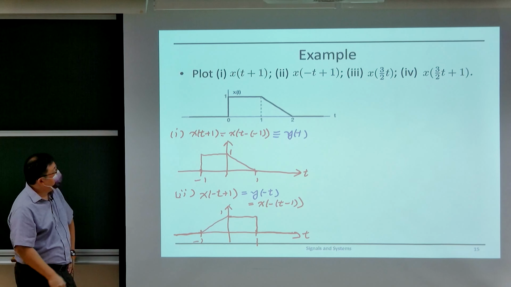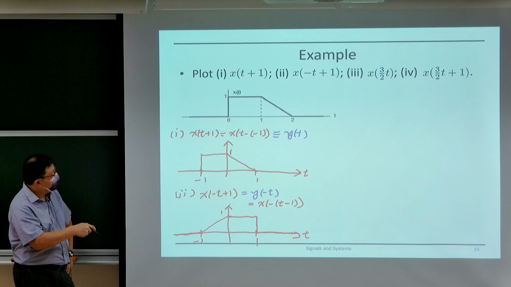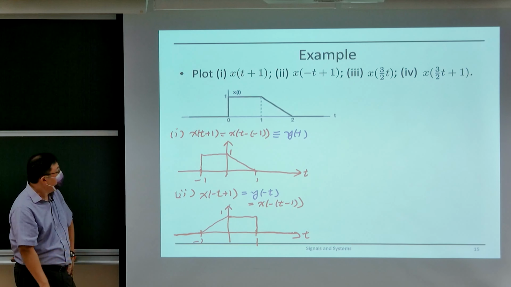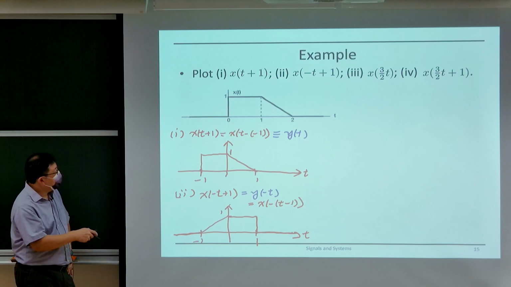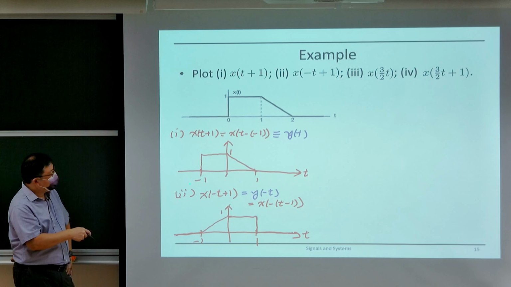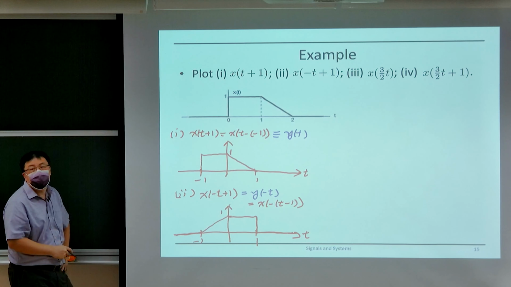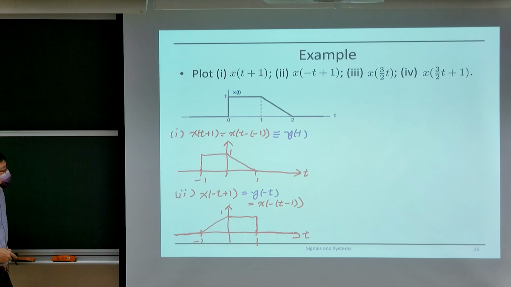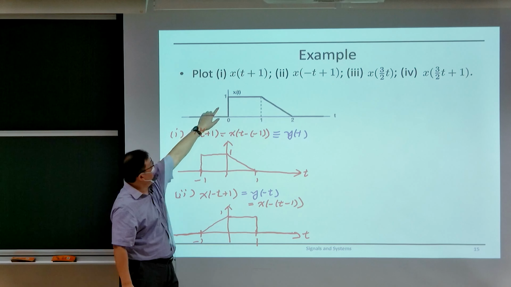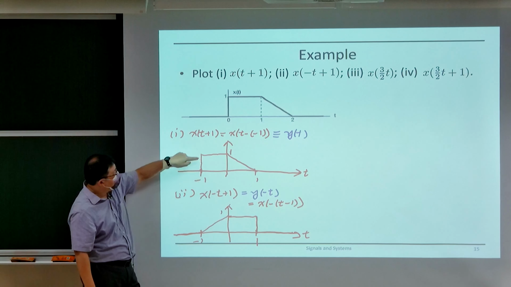And this is shifting the signal to the left by 1. You can double check this because the value you originally observed at time 0 now should occur at time minus 1, because if you substitute minus 1 inside here, you will get exactly x of 0. So this x of 0 here, after a time shift, now occurs at minus 1.